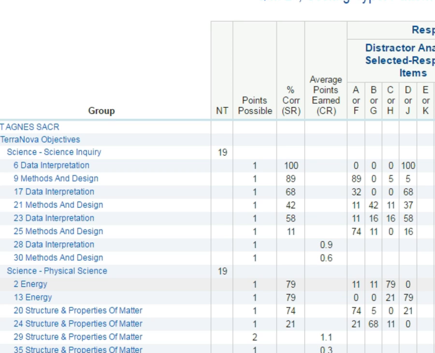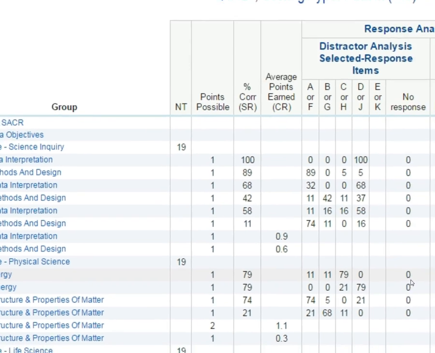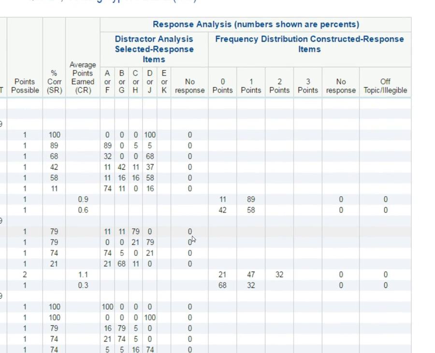When they're finished with answering question 1, it moves to another person to answer question 2. I was curious about that myself, and I investigated it to find out how they could be objective with that. If you notice over here, it also tells you how many students did not respond to a particular question. So you have a better sense of who did answer, who didn't answer. It also tells you how many earned no points, 1 point, and so forth.